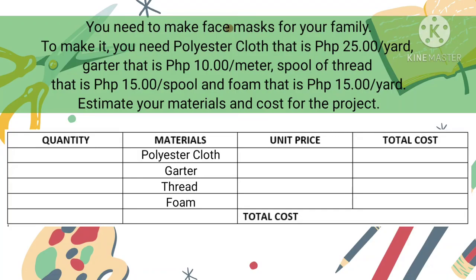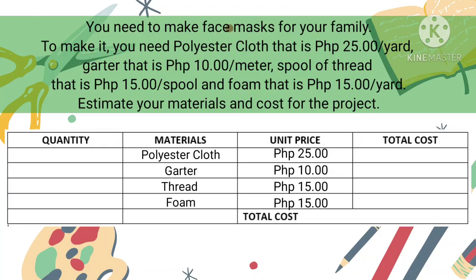In our scenario, polyester cloth is 25 pesos per yard. Garter is 10 pesos per meter. Spool of thread is 15 pesos. And foam is 15 pesos per yard.